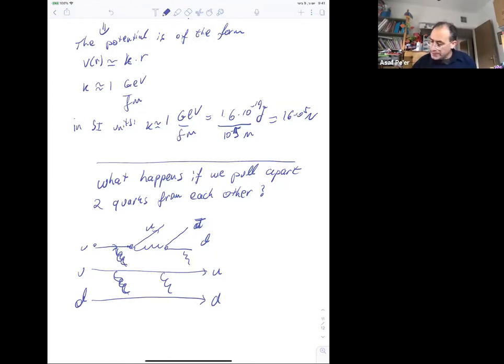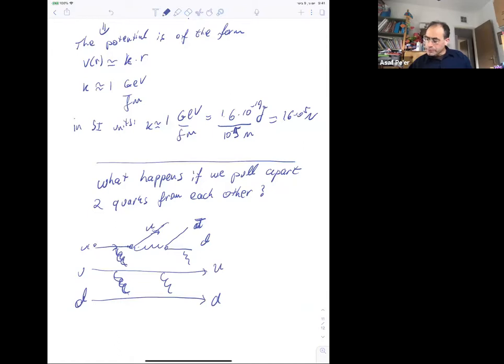So what really happens in this case, remember we had a knockout of this up quark with, let's say, an electron, and it's being kicked off, and then it produced a quark-antiquark pair, and one of these quarks will be attached to the quark, and another one will be attached to the rest of the original quarks.